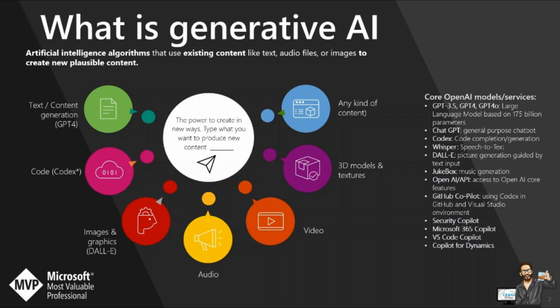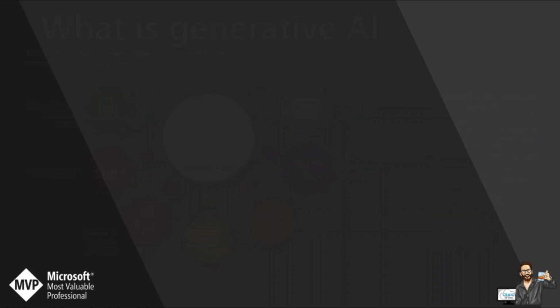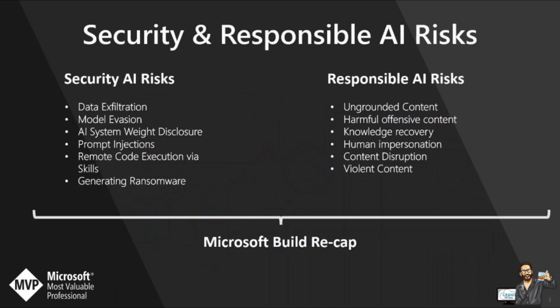But with all these great features and services, obviously comes a huge level of risk. And for those of you that caught Build last week, Inside AI Security with Mark Russinovich was something that really resonated with me and was quite possibly one of the best Build talks they did. He helped really explain the whole security and AI responsibility risk mapping.